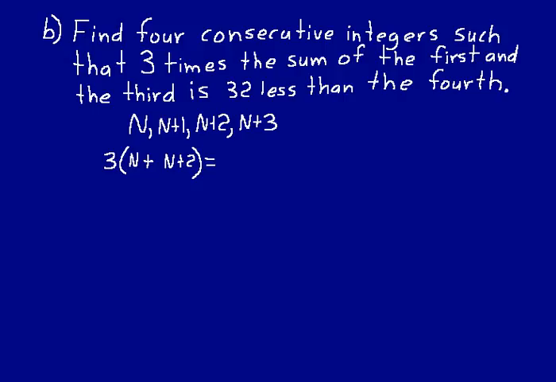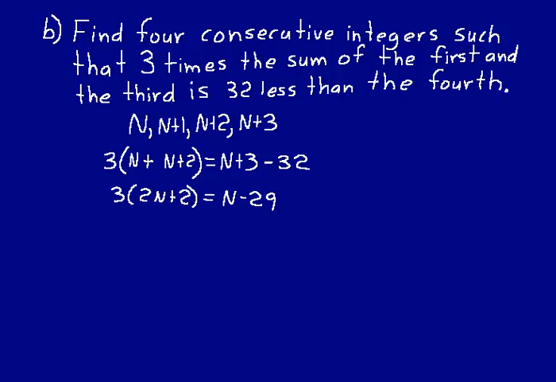So we'd have to say n plus 3, that's our fourth term, subtract 32 from that, because it's 32 less than that fourth one. Okay, so now we have an equation. Let's simplify inside the parentheses first. So we'd say 3 times 2n plus 2, and then on the right we can just say n minus 29, because 3 minus 32 would be minus 29.